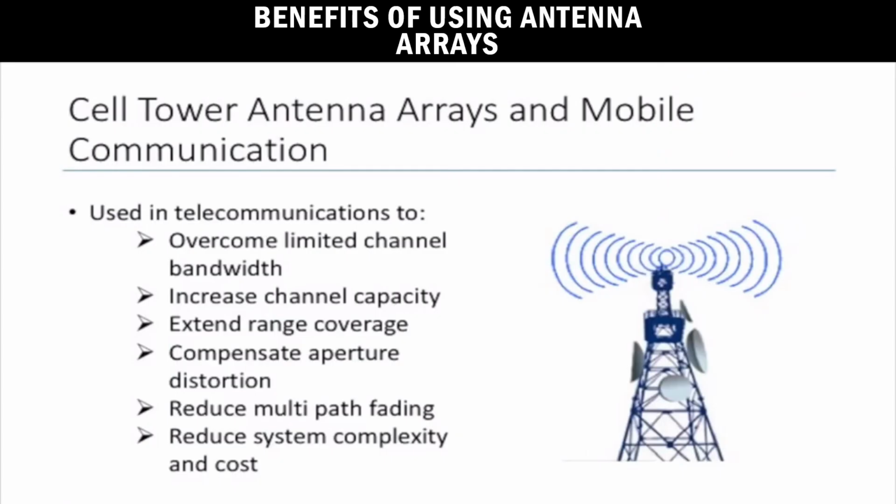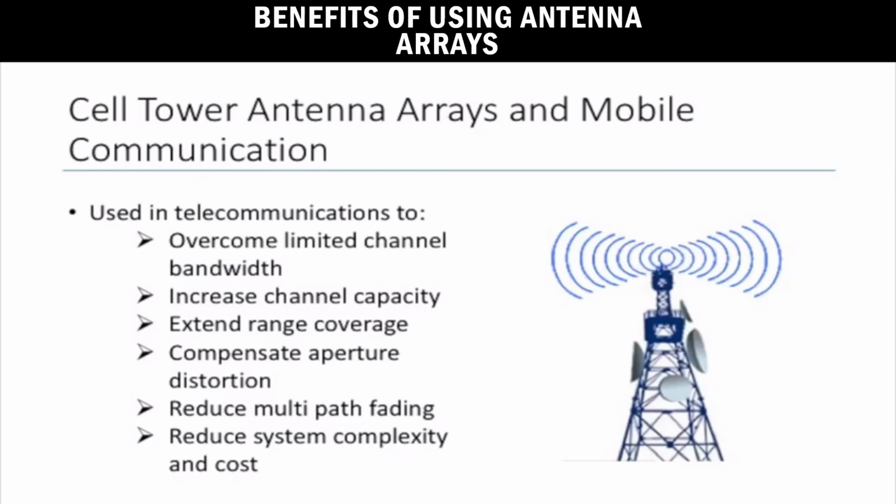There are a number of benefits of using antenna arrays in cell towers and mobile communications. We incorporate the antenna arrays into our network to overcome the limited channel bandwidth, increasing the channel capacity.